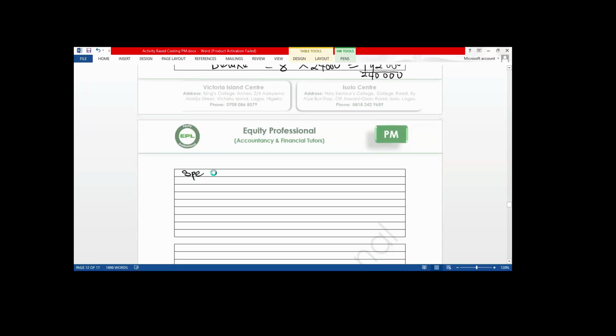Special parts cost driver rate is equal to total overhead special parts, 480,000, divided by total number of special parts, 240,000. This is equal to what, please? ₦2 per special part. Thank you.